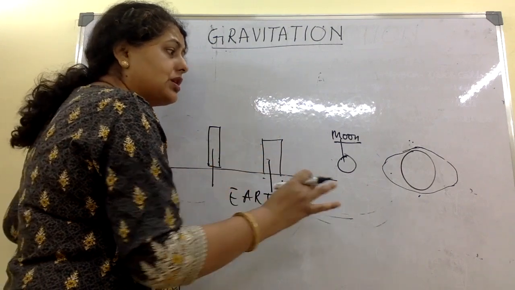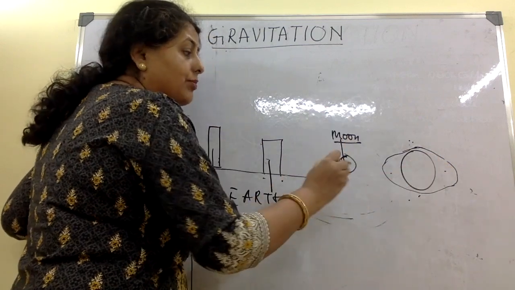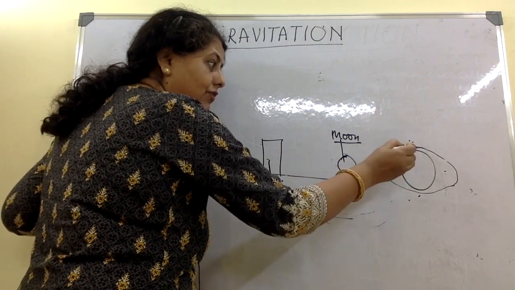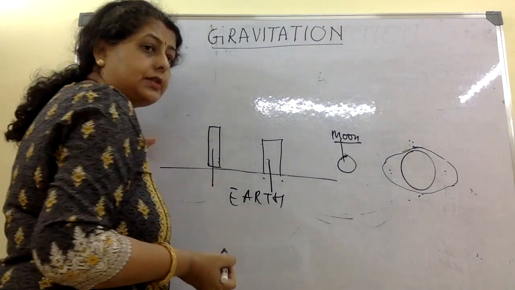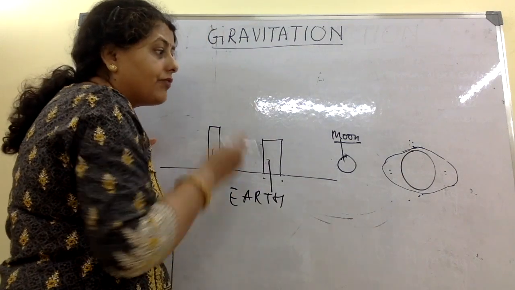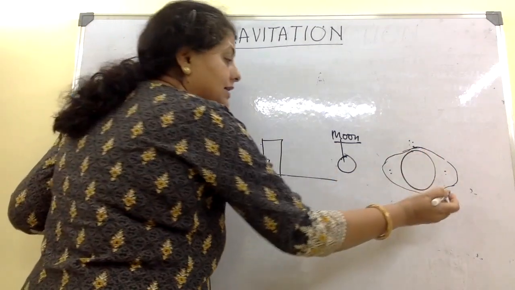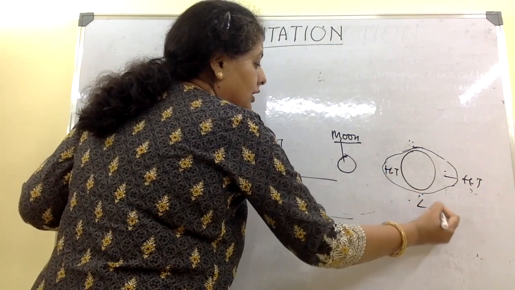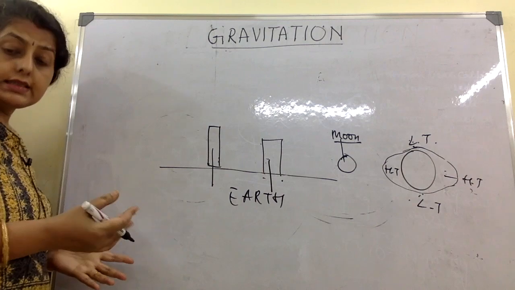The water from here does not come here so soon because gravity is less here. So gravity is working on these two but not working here. That is why we have high tide here, high tide here, and low tide here and here. So this is what tides are.